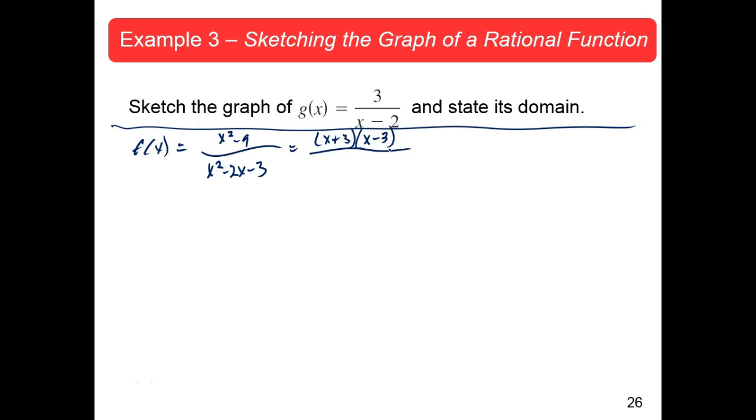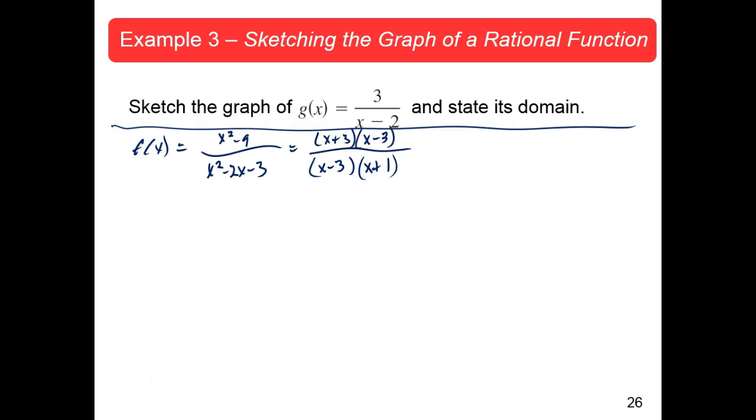How about that denominator? X minus 3 and x plus 1. Okay, if you don't see that, unfoil it, do whatever it takes. Check it: x squared plus x minus 3x would be minus 2x minus 3. Yes, that works. What do you notice now?